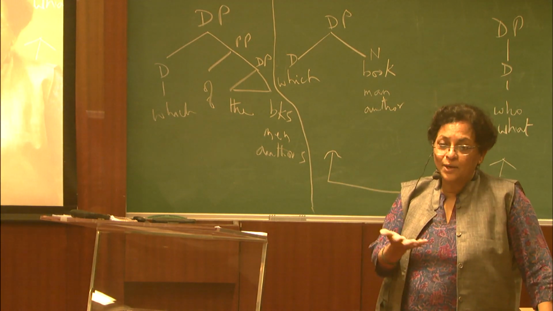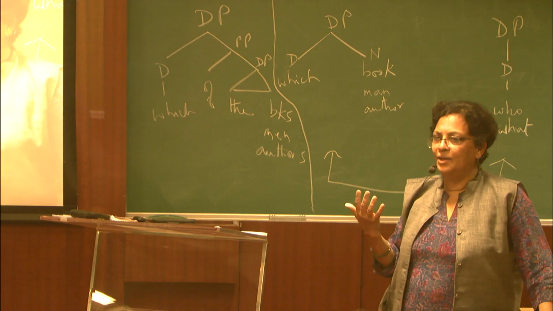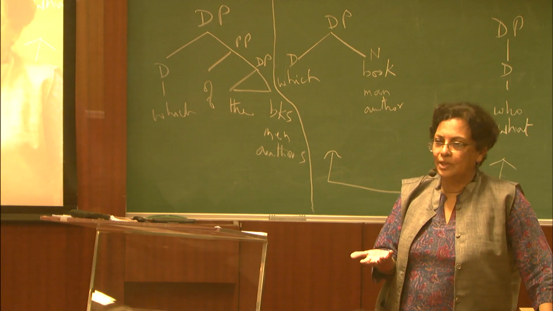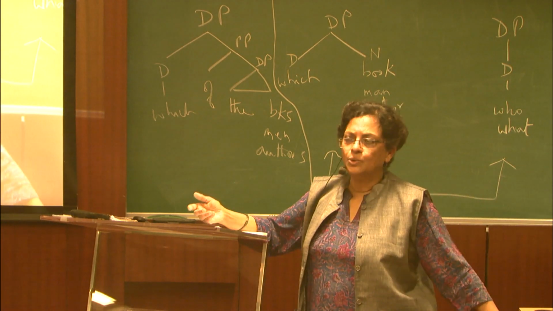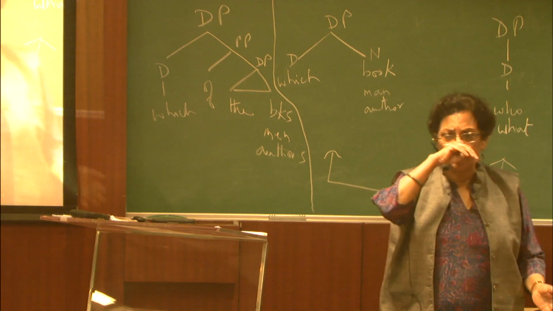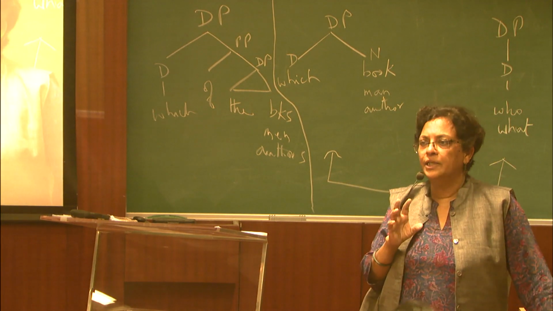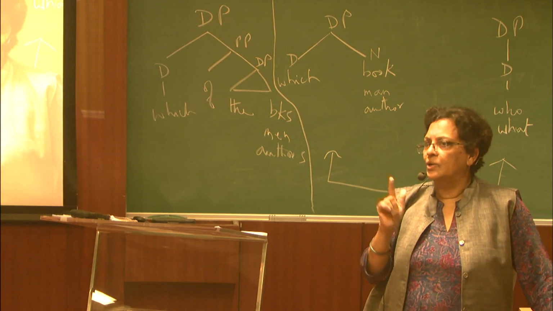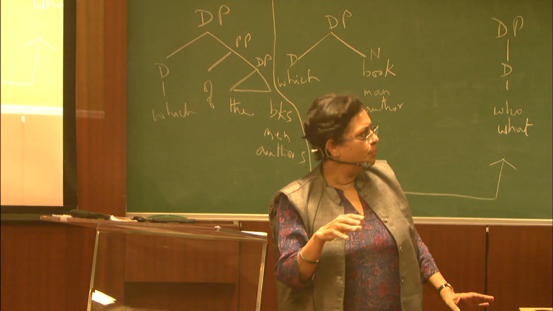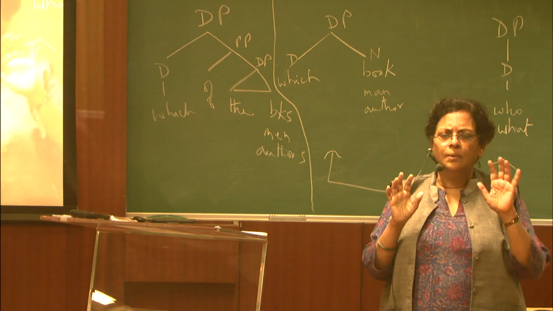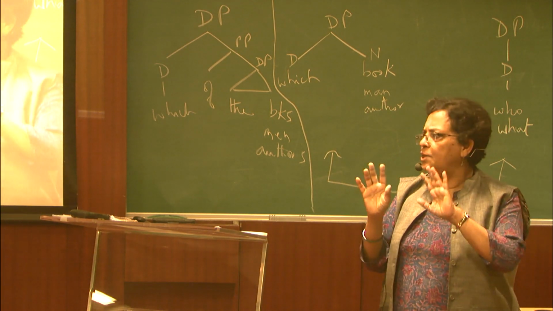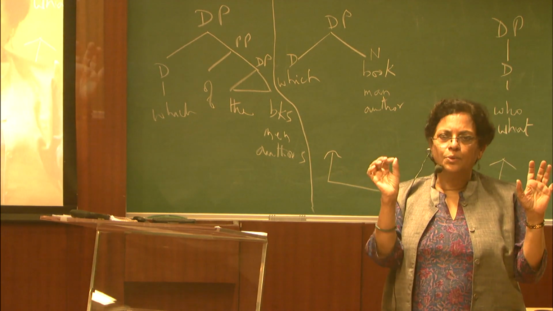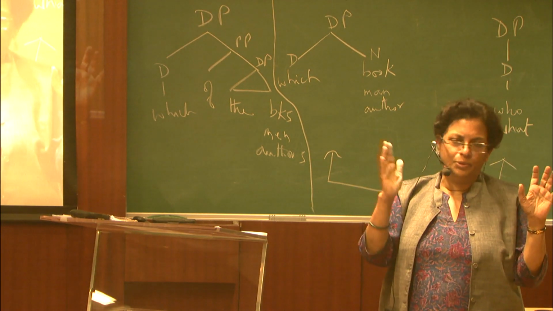I don't know if this is true. I don't even know how delinking works in Hindi, to be honest, but let's say I look at Macedonian. One of my students had worked on Macedonian clitic left dislocation. There are languages in which, if you have a delinked wh-phrase like which book, then you get a clitic before the verb.